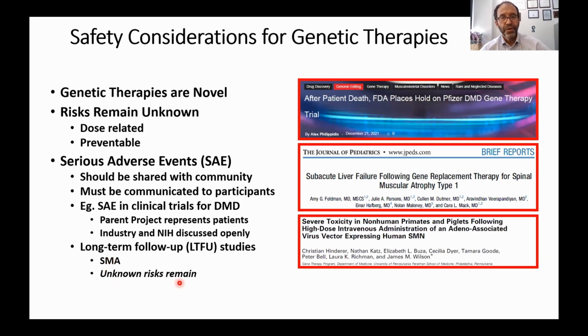And then there are unknown risks that remain that have never been seen in patients, or at least there's only a hint that they might happen. And so the bottom panel here is a paper that was published in animals that were treated at extremely high doses with a vector that is like the one that's approved for SMA. And they developed brain involvement with the basal ganglia showing toxicity.